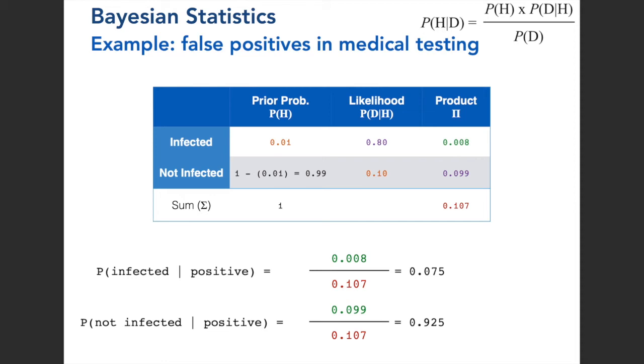But in fact, the false positive rate is so high in those tests that even after testing positive, it was more likely that they didn't have breast cancer than that they did.